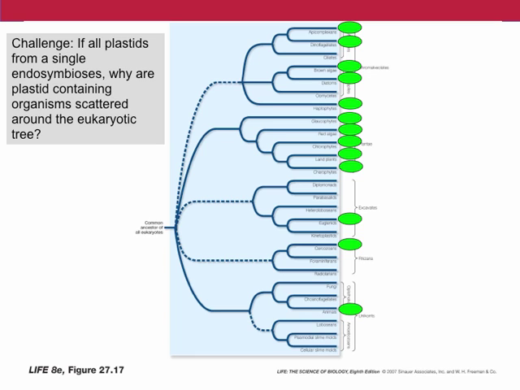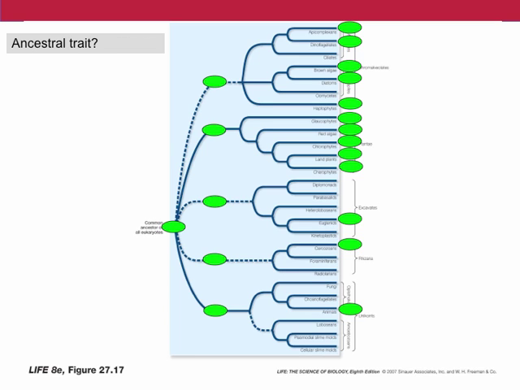Let's hypothesize that this happened really early in eukaryotic evolution, at the base of the eukaryotic tree. Maybe the ancestor had a mitochondrion, and then shortly thereafter it enveloped a cyanobacterium, and then the common ancestor of all eukaryotes had chloroplasts. And then each of the 5 major lineages inherited a chloroplast from their ancestors.